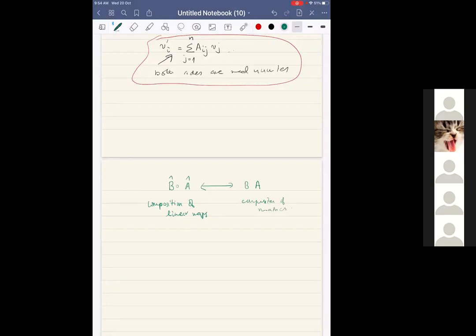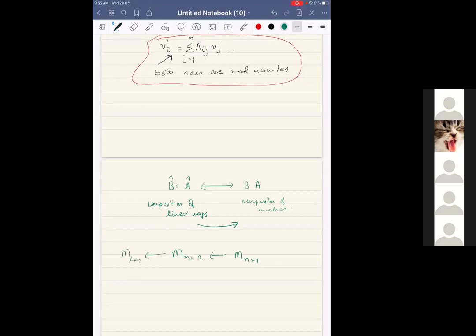Okay, so let's start from the left and work our way this way. So I have M cross 1, N cross 1, and then I have L cross 1.